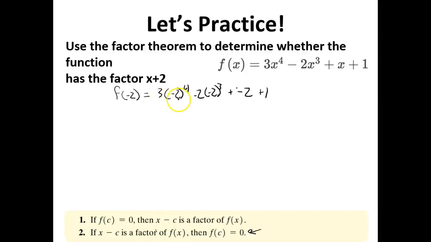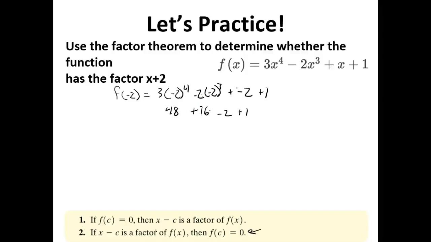This would be 3 times 2, 4, 8, 16. 3 times 16 is 48. This is negative 2 times negative 2 times negative 2 times negative 2, which is 2, 4, 8, 16. So we get plus 16 minus 2 plus 1.